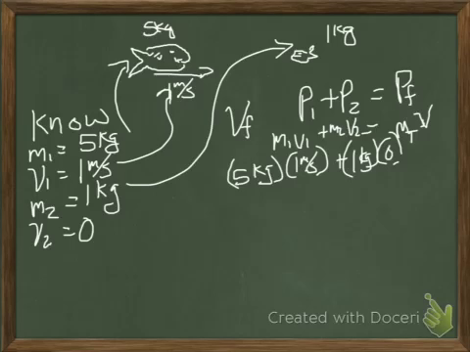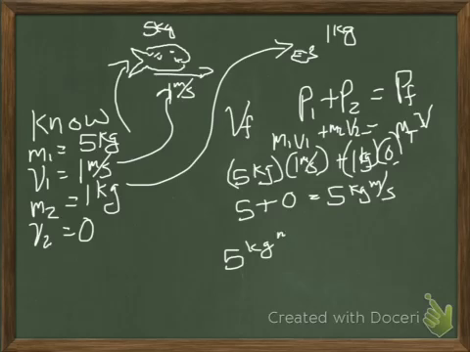Let's go ahead and solve it that far. So 5 plus 0 gives us 5 kilogram meters per second. So we know that 5 kilogram meters per second is going to be equal to our total mass multiplied by our final velocity.